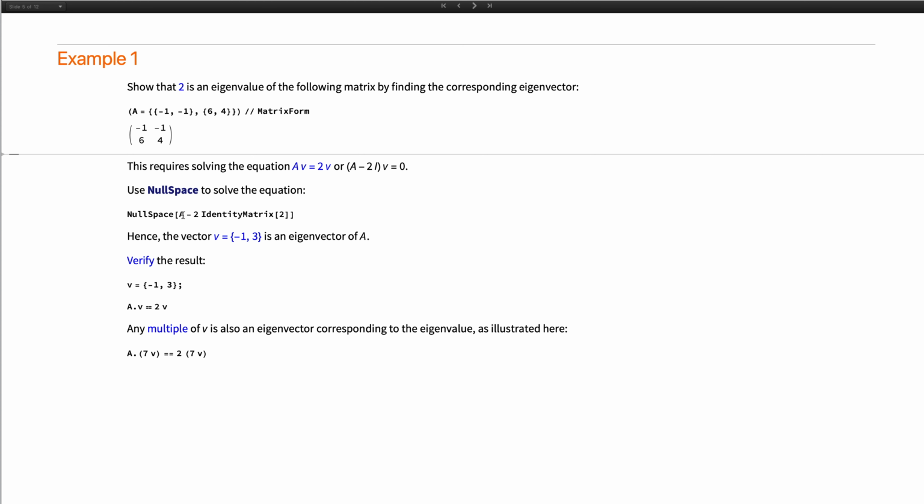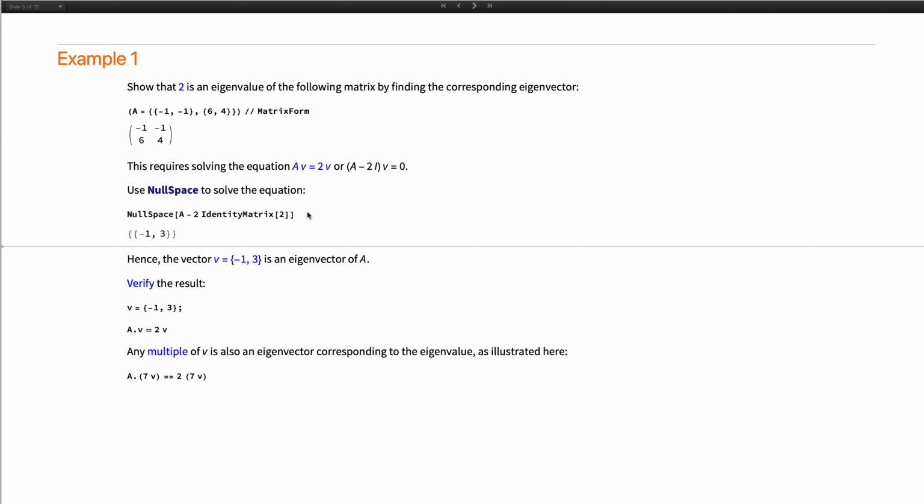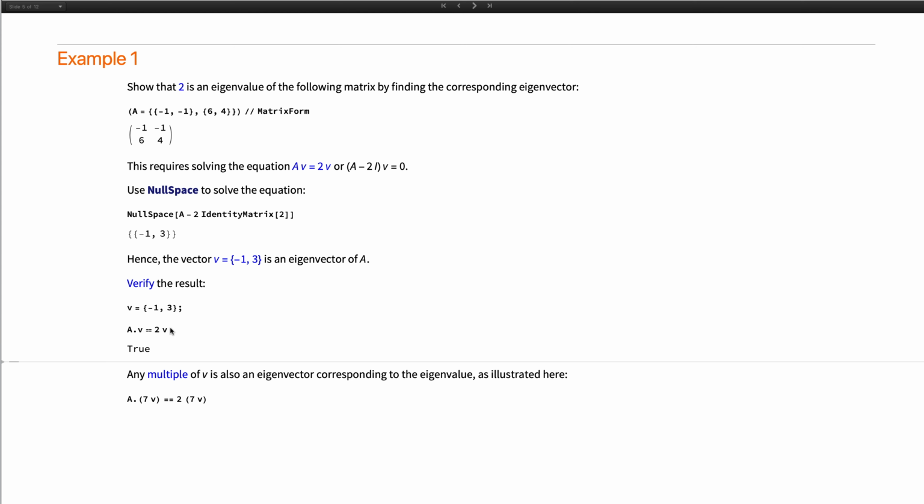We have a nice function called NullSpace, which will do that for you. So you do A minus 2 times IdentityMatrix[2], and you get back (-1, 3). So the vector V in this case is an eigenvector. Let's check that. You get back A times V is 2 times V.